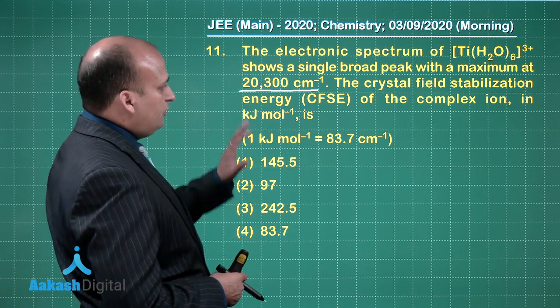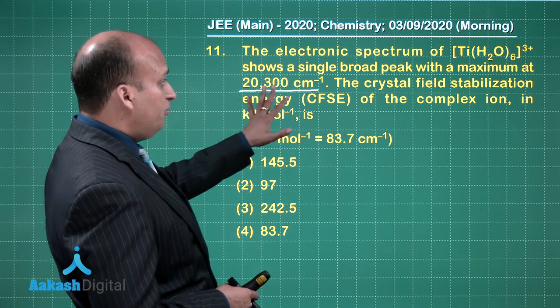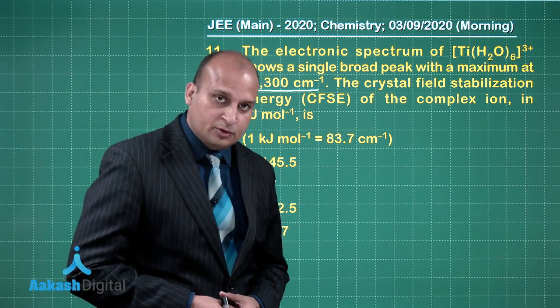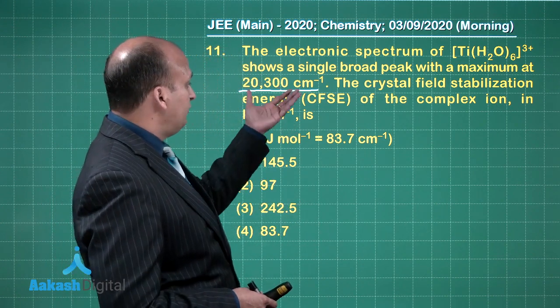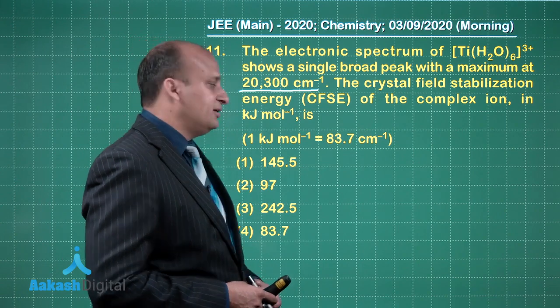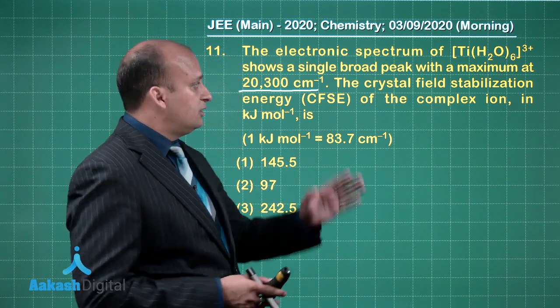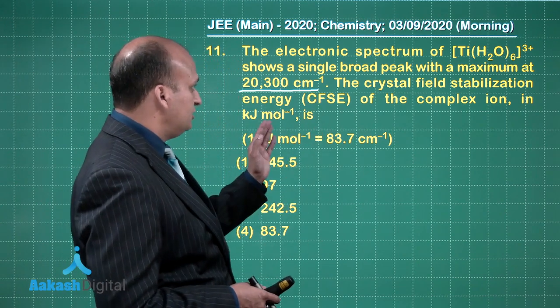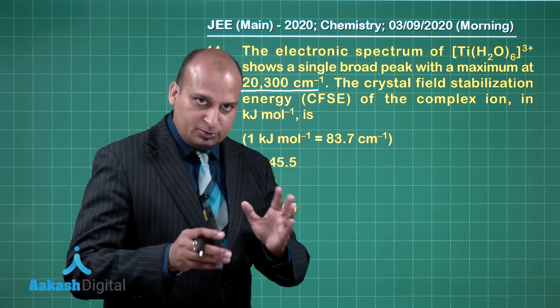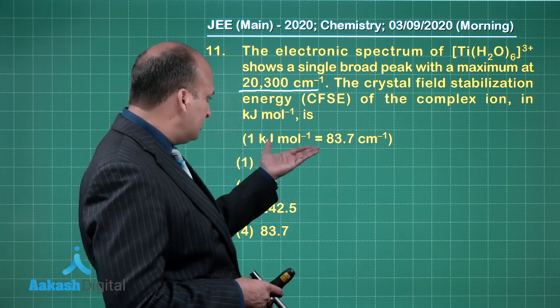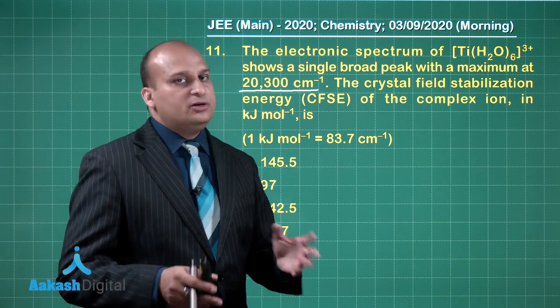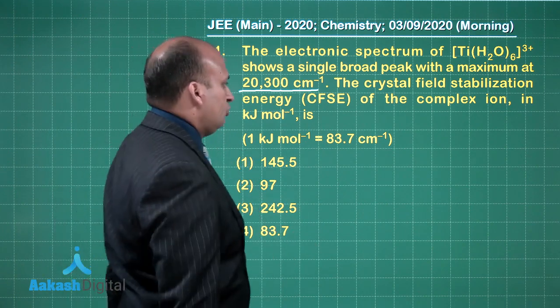See, first of all, we have to find out how many unpaired electrons are over here. Then using the value of this 20,300 centimeter inverse, we will find out the crystal field stabilization energy. The value will come out in centimeter inverse, and then using this conversion we will get the value in kilojoules. Let us solve it out.